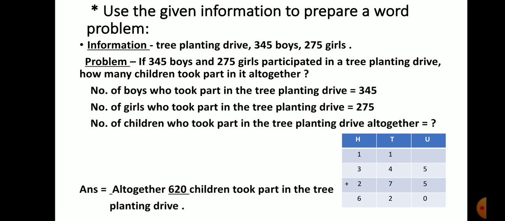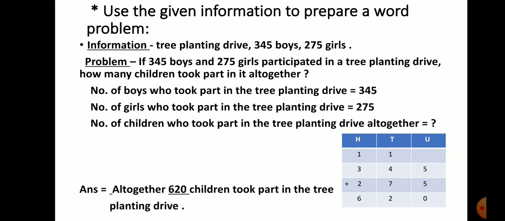Now the three statements, number of boys who took part in the tree planting drive is equal to 345. Number of girls who took part in the tree planting drive is equal to 275, and number of children who took part in the tree planting drive altogether is equal to how much?